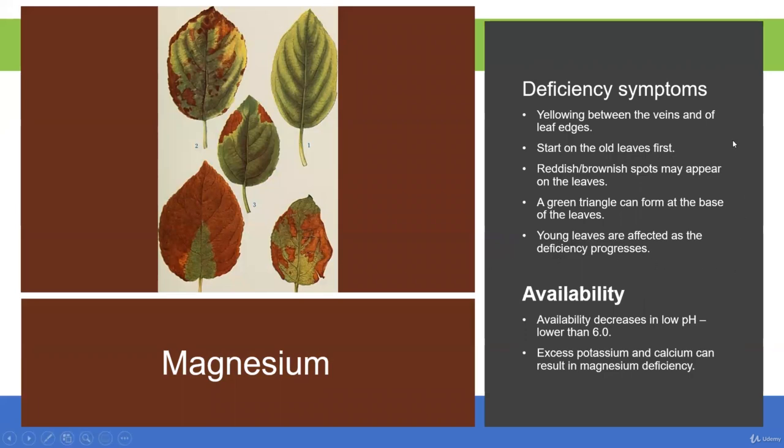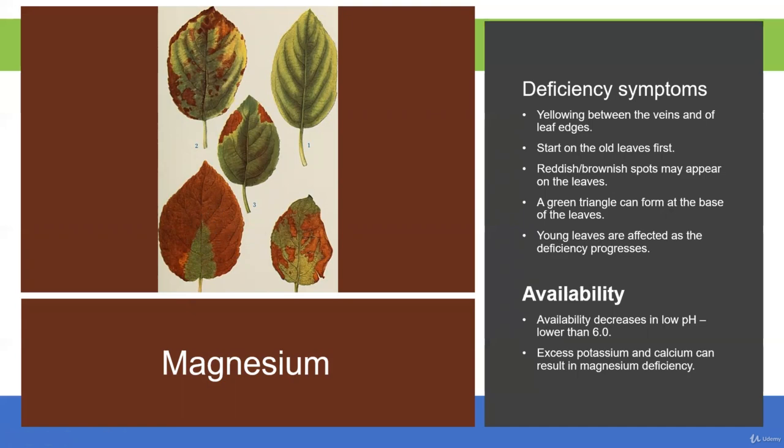The deficiency starts on the old leaves first. We may see reddish or brownish spots on the leaves. It may form a green triangle, what we see here, at the base of the leaves. And the young leaves can also be affected as the deficiency progresses.